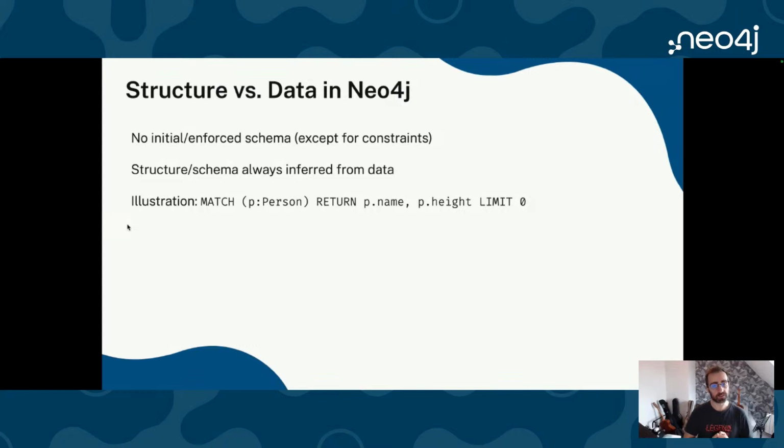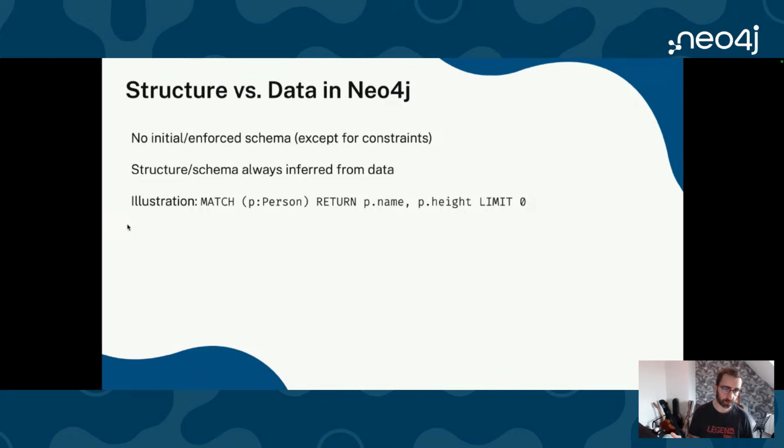But if you ask for metadata, then you're not going to have any, because there is no name attribute that is intrinsically linked to a person label, right? Or same for height. You might have defined constraints, but there is no automatic way to get metadata. You will have to implement something to look at constraints if they exist.